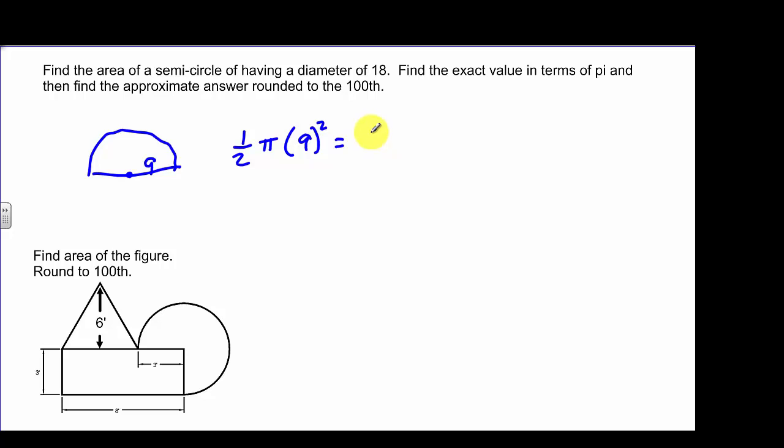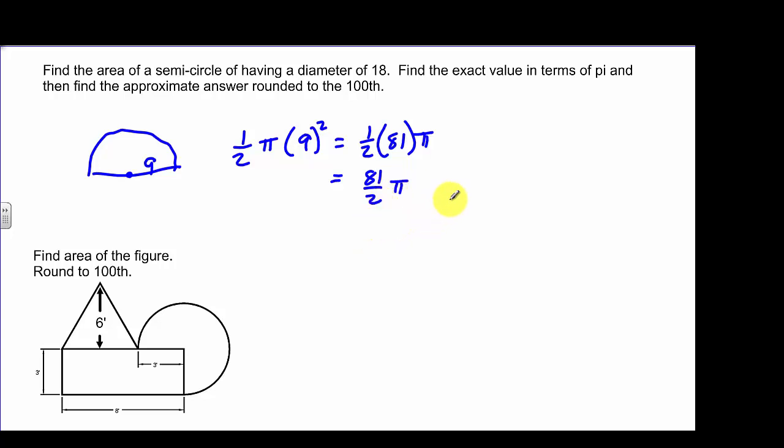This gives me 1/2 of 81 pi. And it says we're going to find the exact value in terms of pi. Exact value in terms of pi is 81 over 2 pi.